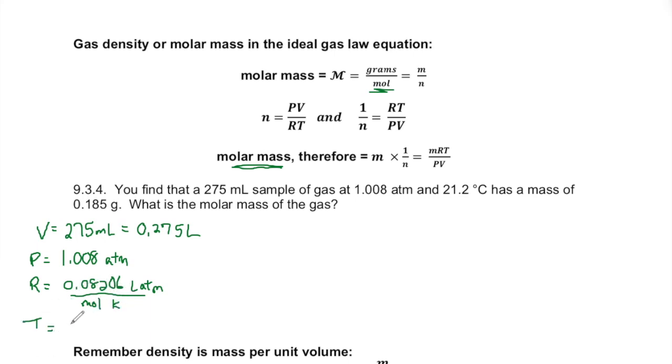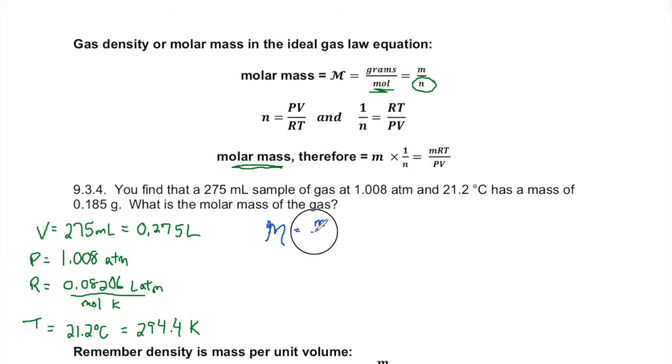And then the temperature is 21.2 degrees Celsius, which is 294.4 Kelvin. So again, if you wanted to do this in 2 steps, you could use these pieces of information to find out what n is using the ideal gas law, and then take the mass and divide it by that number of moles to get the molar mass. But you could also plug it into the formula directly.